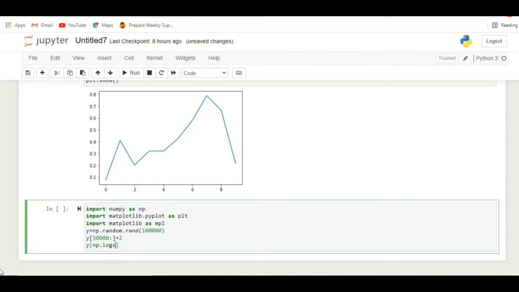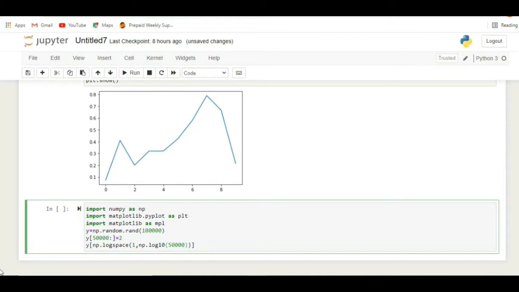Y, np.logspace, and inside the parenthesis we shall write 1 comma np.log10 of 50,000.